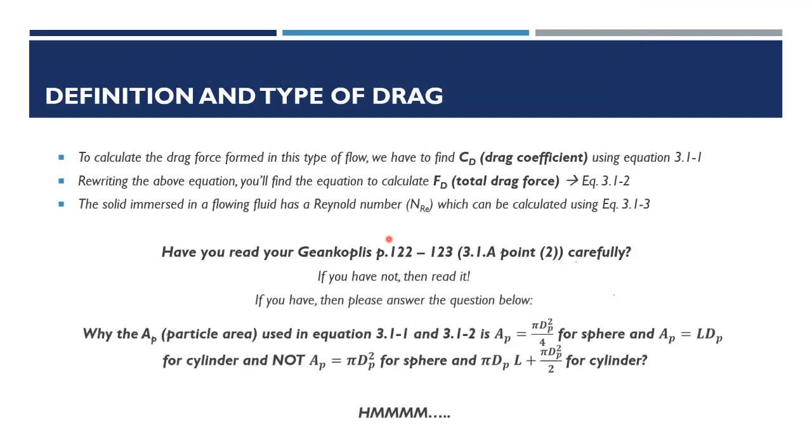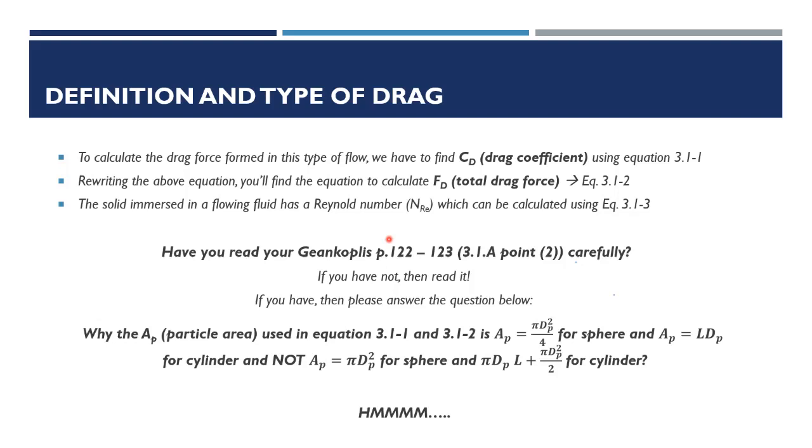And then please try to answer the questions below. So the question is, why is the particle area used in equations 3.11 and 3.12 AP equals pi times particle diameter squared over 4 for a sphere, and L times particle diameter for a cylinder?